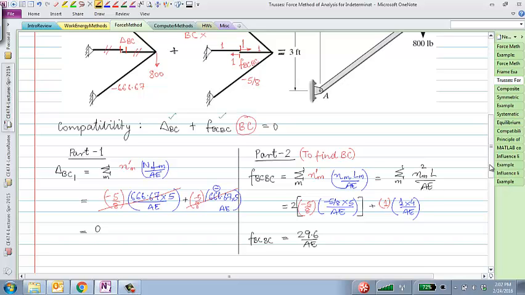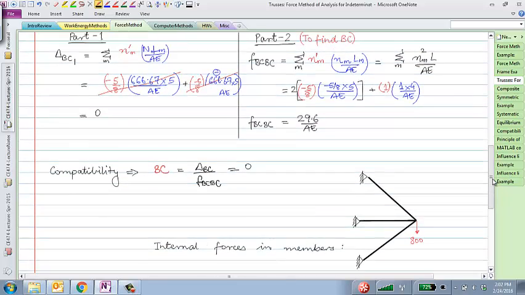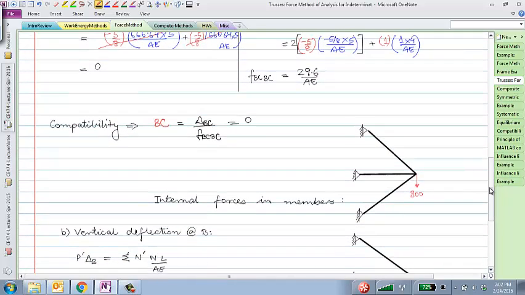And immediately you can see that X_BC is equal to delta BC divided by F_BC,BC, which simply is 0. So the response of the indeterminate system turns out to be that the member BC is a zero force member, and this guy is in tension 666.67.